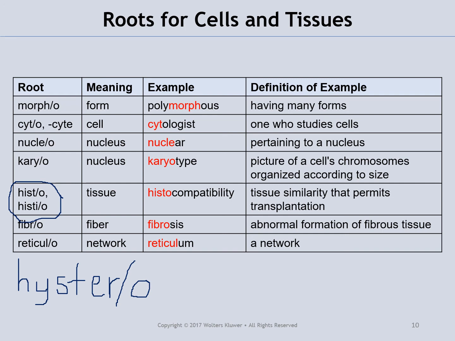So do not confuse the two, otherwise you'll send your male patient to go get a hysterectomy and you'll send your female patient to go talk to the pathologist about her prostate biopsy, and it'll be a bad day in the lab for everybody. So make sure that you're very careful with those. The other one that I would point out is up here, site or cyto. Site means cell.